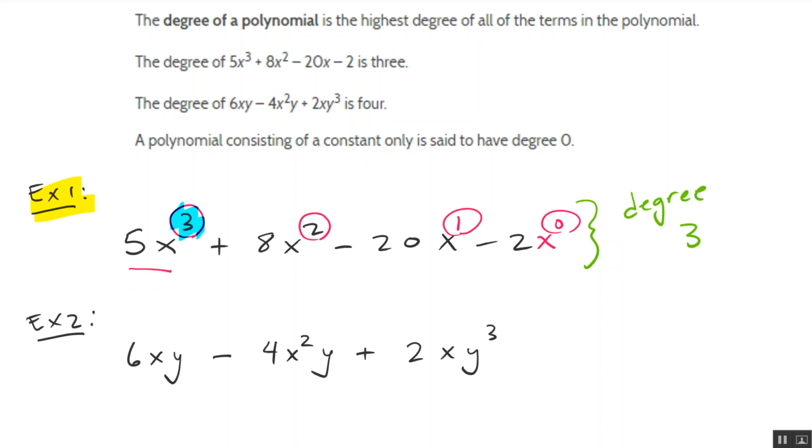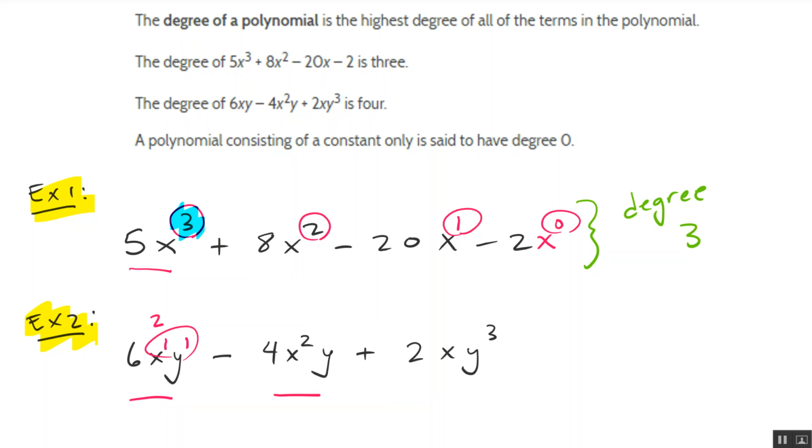If we look at example number 2, we look at, again, each term. Term 1 has a 1 there on the x, a 1 on the y. 1 plus 1 gives us 2. So if you have more than one variable, then you add each of the exponents together of all of the variables.